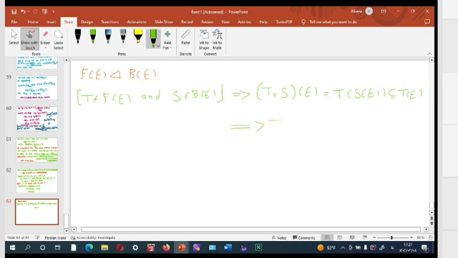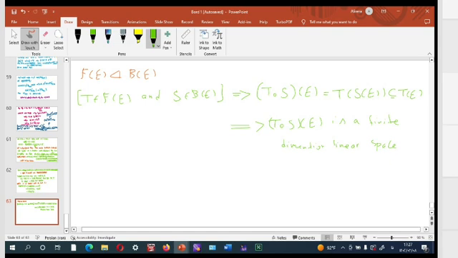So T∘S of E is a finite dimensional vector space or linear space, because T of E is finite dimensional.